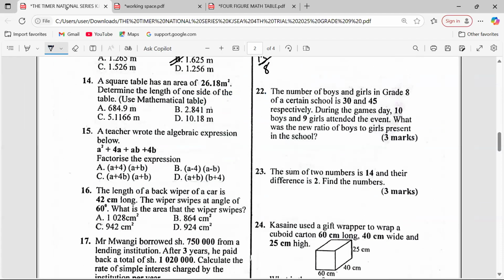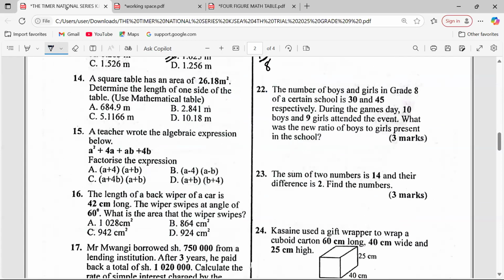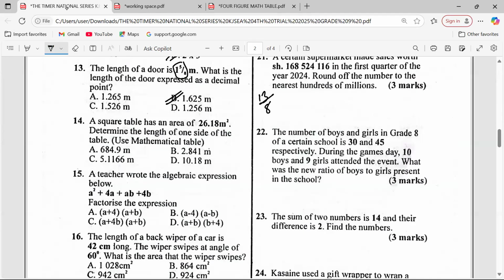Number 14. A square table is an area of 26.18 meters squared. Determine the length of one side of the table, and we are advised to use the mathematical table. So if the area of the square has been provided, then we are supposed to get the square root for us to know the length.